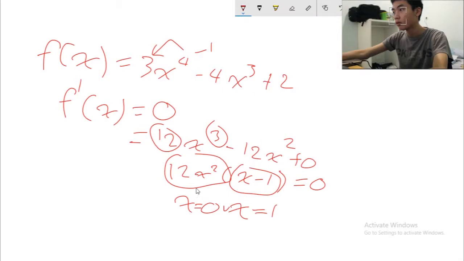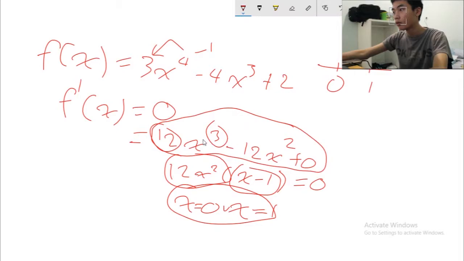Since we have both of our points in the graph, I'll be showing the next step. First, we must determine which one will be the maximum and the minimum point. To do that, we could look at the derived equation over here and find out which one has the highest power, which is this.